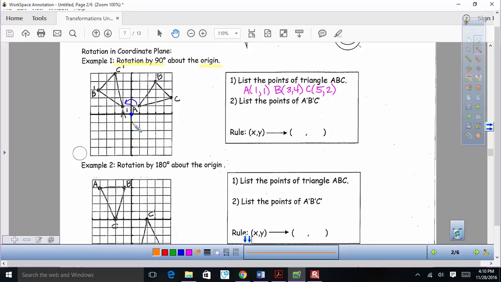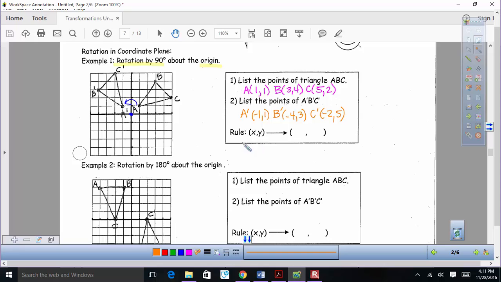Now, let's write down our A prime, B prime, and C prime and see if we can find the pattern of how they change. So A prime is going to be (-1, 1). B prime is going to be (-4, 3). And C prime is going to be (-2, 5).